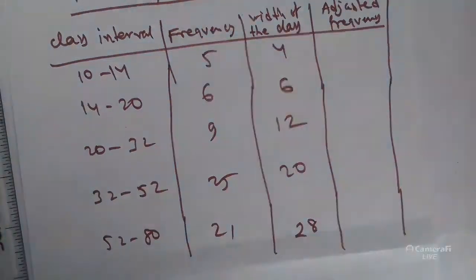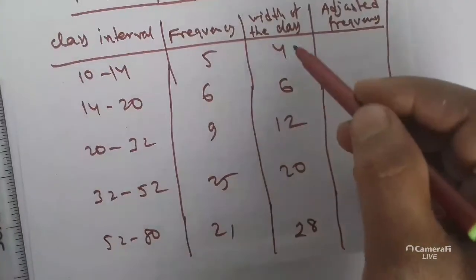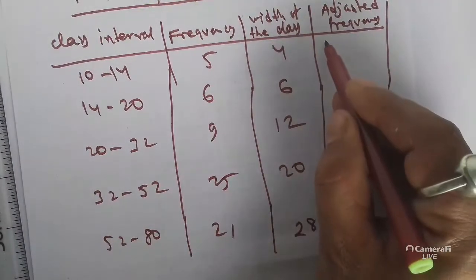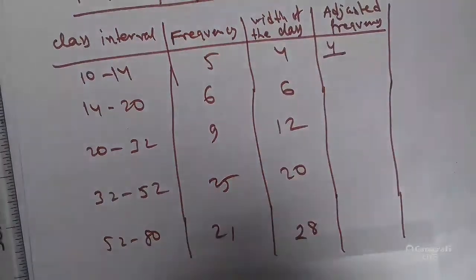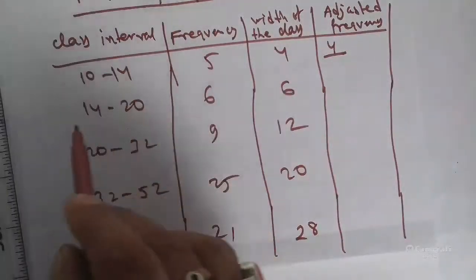Now the adjusted frequency. At first we have to take the smallest width, which is 4. In the numerator we take 4, and in the denominator the class width of the particular class, then multiply by the frequency.